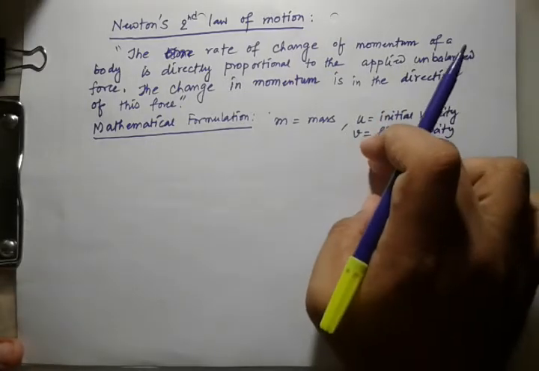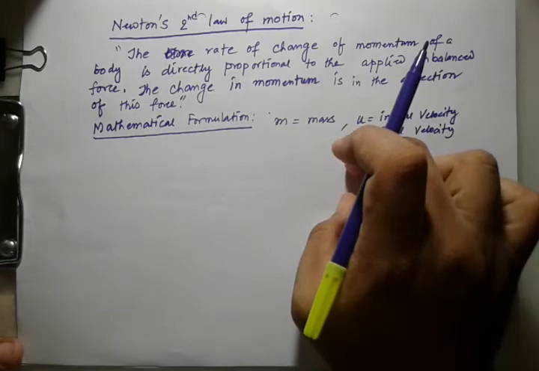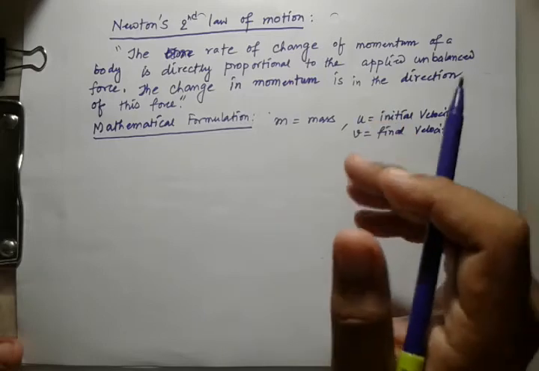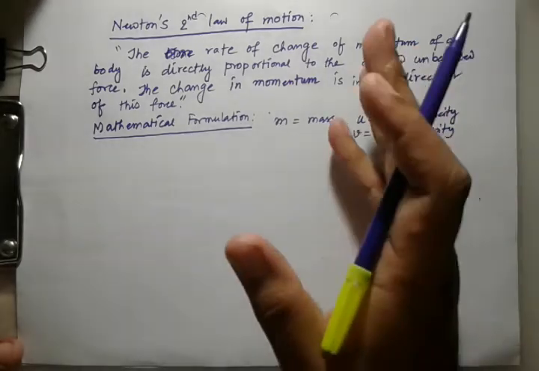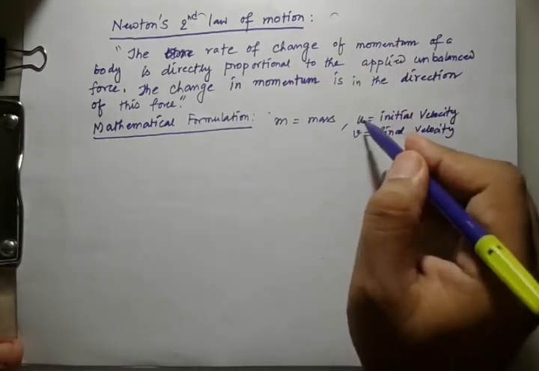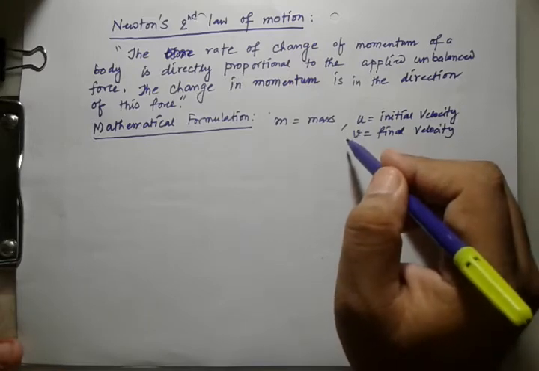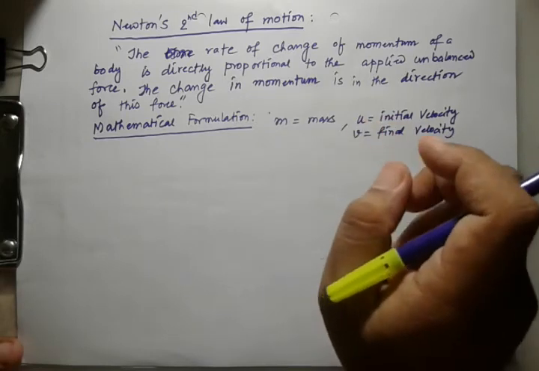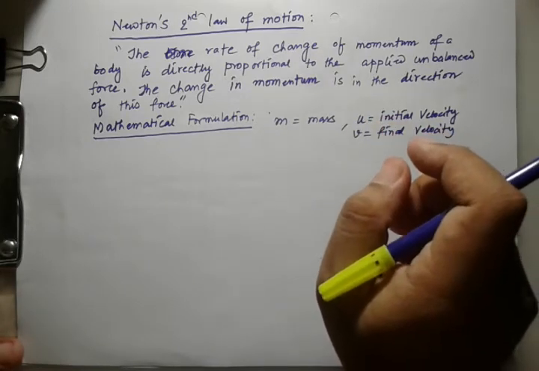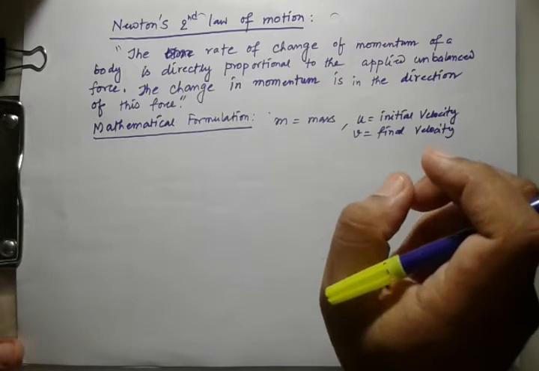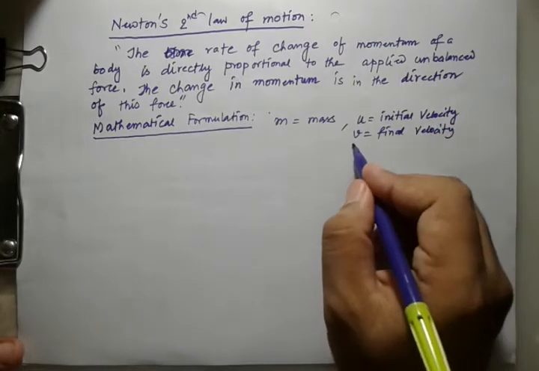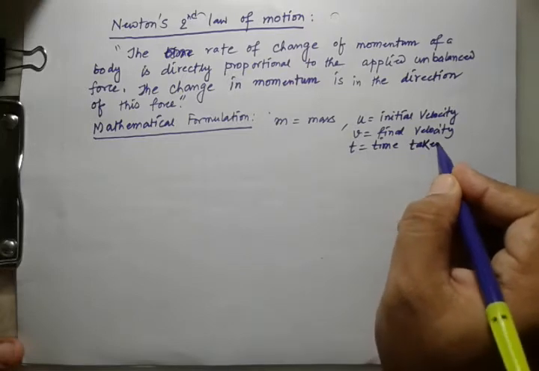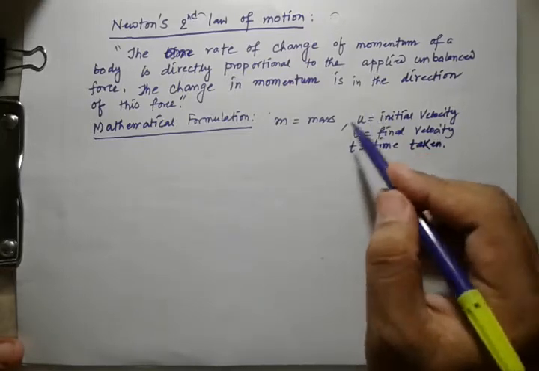The object was moving with velocity u, so it has some momentum. You already know a force can change the speed of the object. When some force is applied, the velocity of the object will change, and it will take some time to change from u to v. That time is t, the time taken to change this velocity.